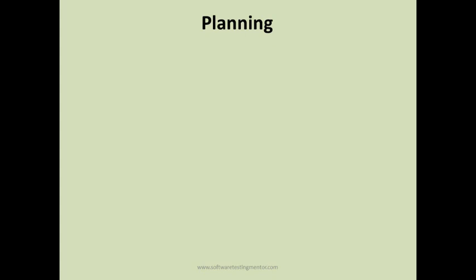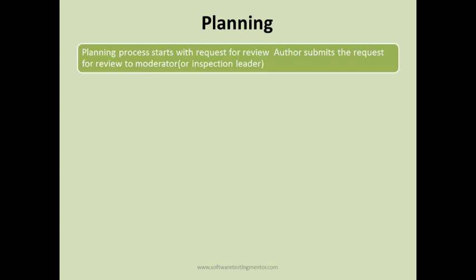So the first phase is planning. What is done during the planning phase? We'll look into all the details. The planning process starts with a request for review. The author submits the request for review to the moderator. The moderator is an inspection leader. Whoever is leading the review process is the moderator.